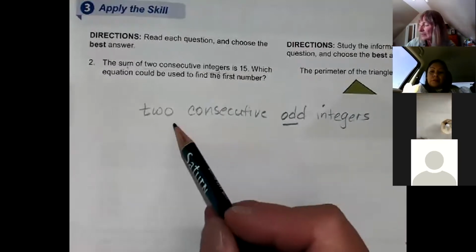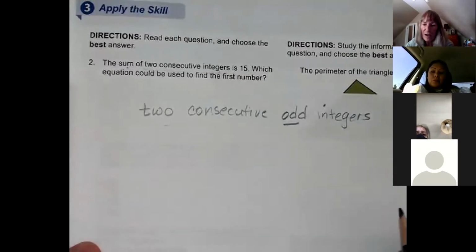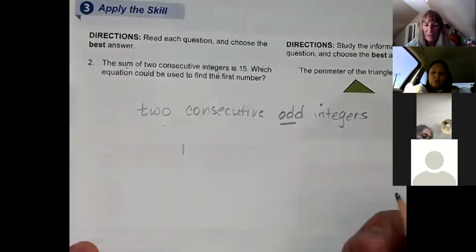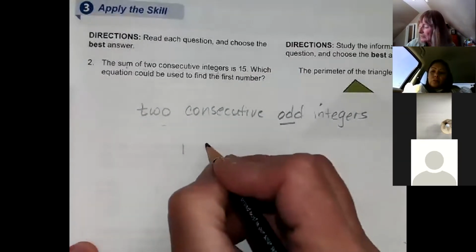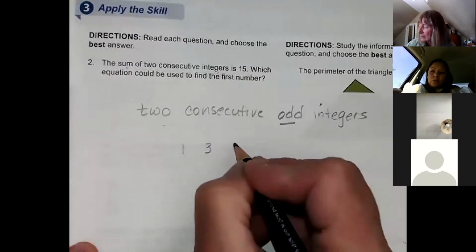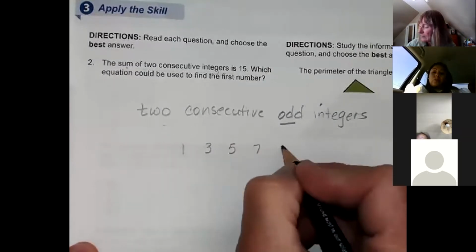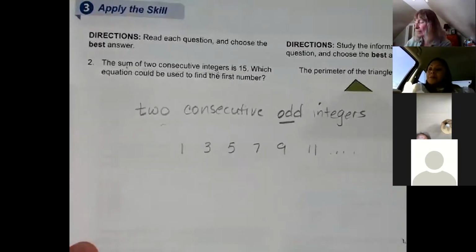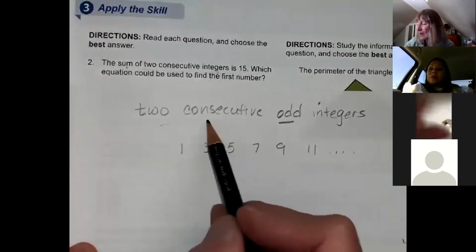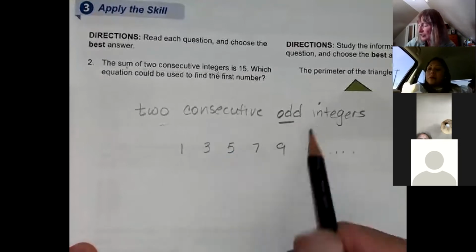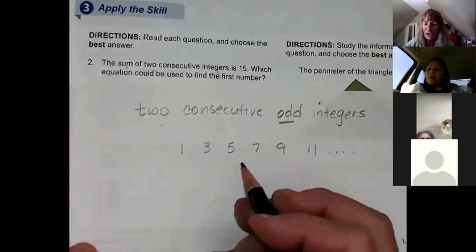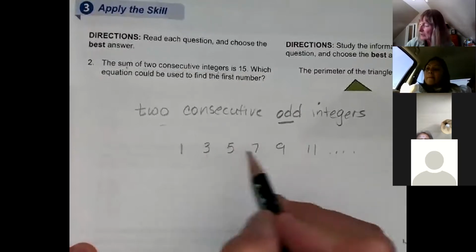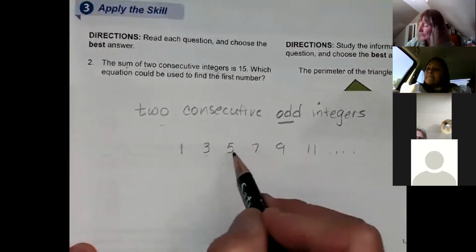So if I was going to list all of the odd integers that I can think of, first one is 1, and the next one is 3, 5, 7, 9, all the way up to as big as you can count. And this time when we talk about consecutive odd integers, they're the ones that are next to each other. So 5 comes right after 3, 7 comes after 5.